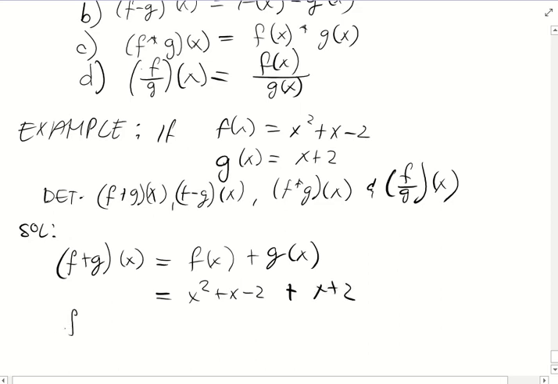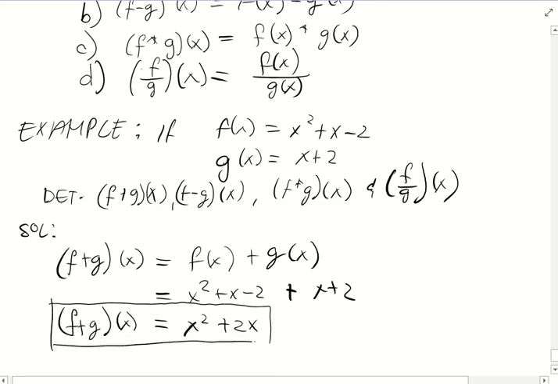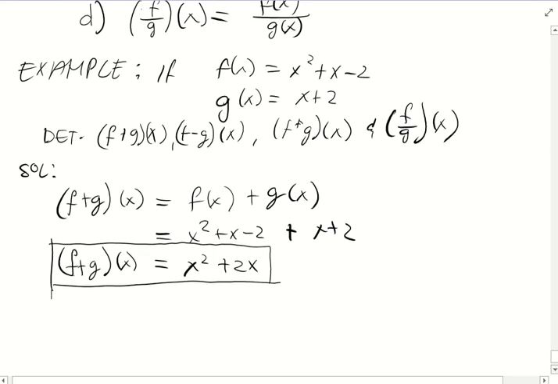Then simplify. Now f plus g will be equal to x squared, then x plus x, so plus 2x, then minus 2 plus 2 is 0. So f plus g of x is equal to x squared plus 2x.